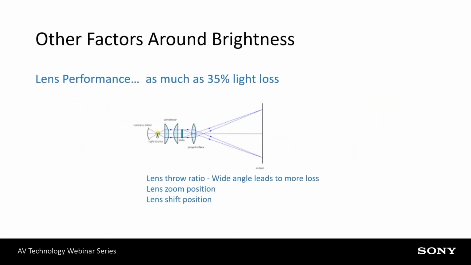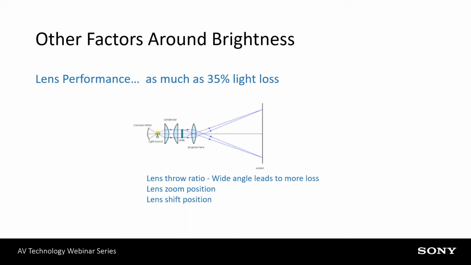Other factors around brightness: lens performance. Lensing is probably, from a manufacturer's point of view, one of the most difficult, expensive, precise parts of the projector. A projector lens is a very complex device.